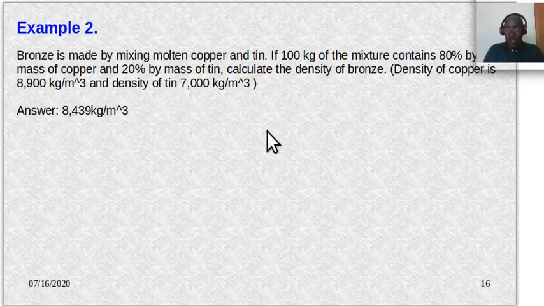You are given that the density of copper is 8,900 kilograms per cubic meter, and the density of tin is 7,000 kilograms per cubic meter. The answer to this question is 8,439 kilograms per cubic meter. See if you can reproduce the answer.